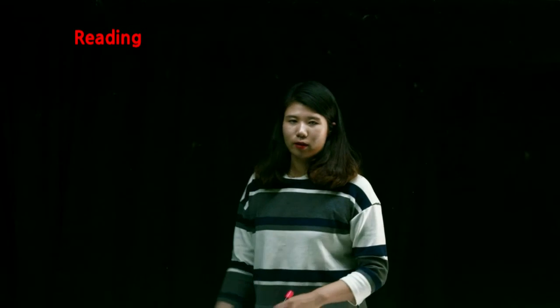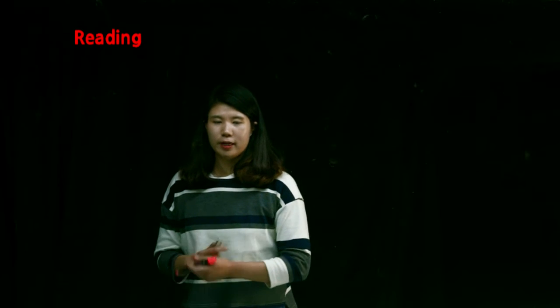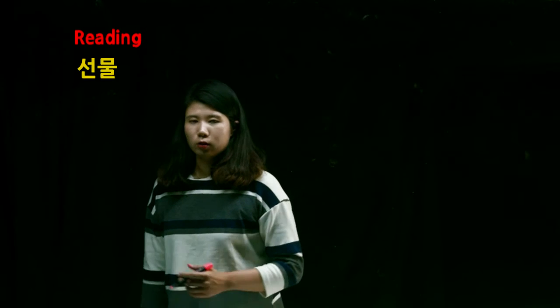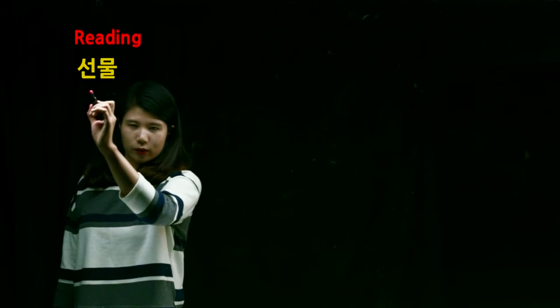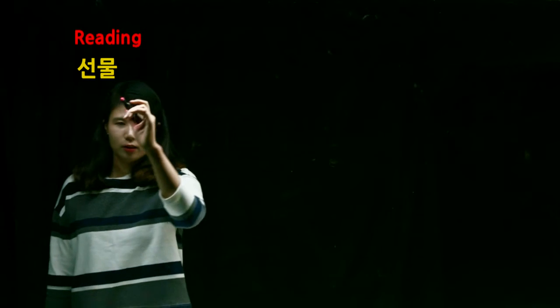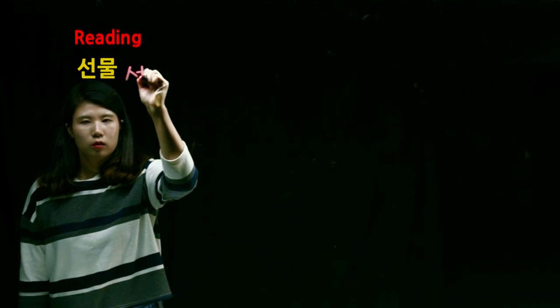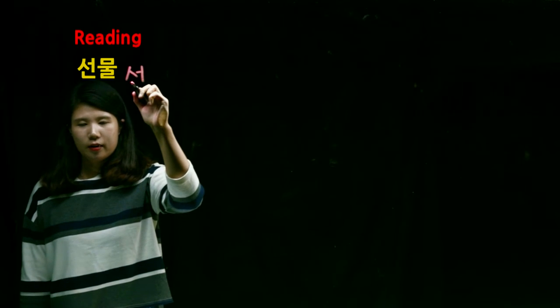Okay, we will be reading words with double consonants and final consonants. They are actual words with meanings, but again, do not worry about the meaning. We'll only be reading the words today. Okay, our first word is, okay, do you get it? These are words with final consonants. You can see 서 and ni은 on the bottom.